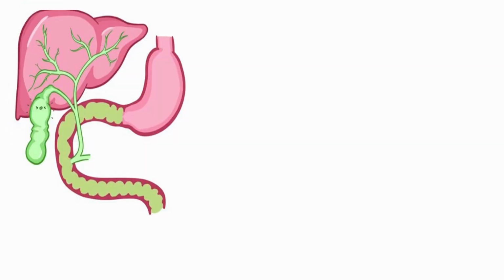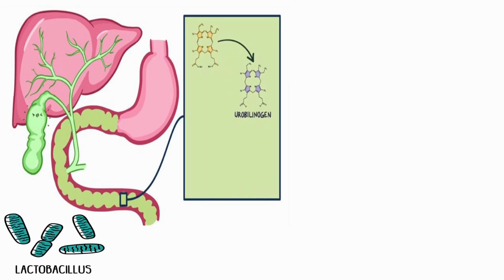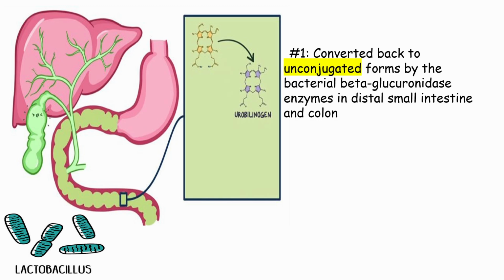Now, through the bile, the conjugated bilirubin reaches the intestine. In the distal small intestine, two things happen due to the presence of bacterial flora in the gut. The conjugated bilirubin is unconjugated by the intestinal bacteria with the help of the enzyme beta-glucuronidase. Next, the unconjugated bilirubin undergoes reduction and forms urobilinogen.